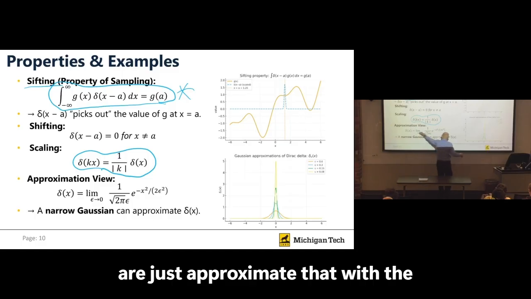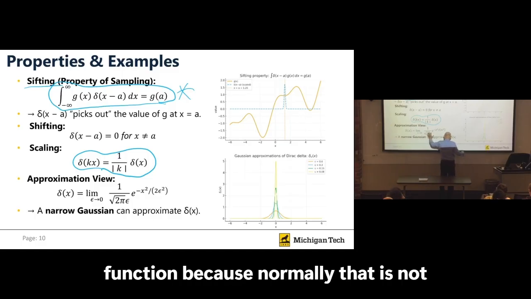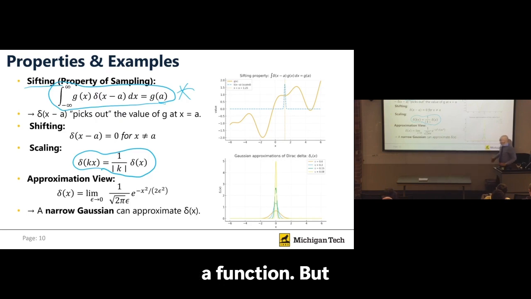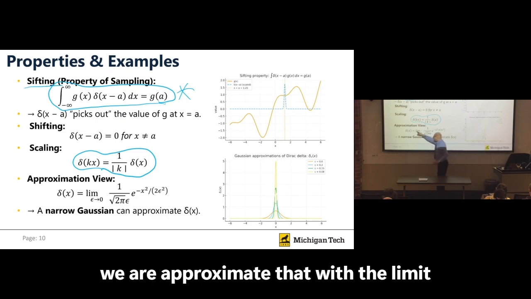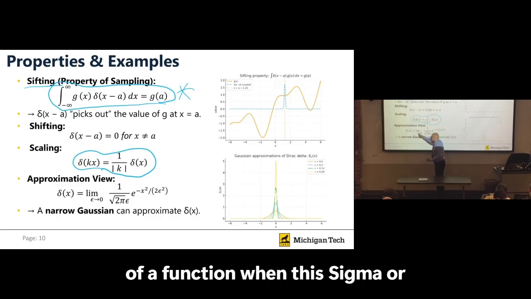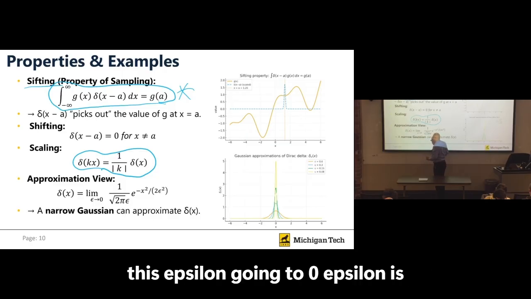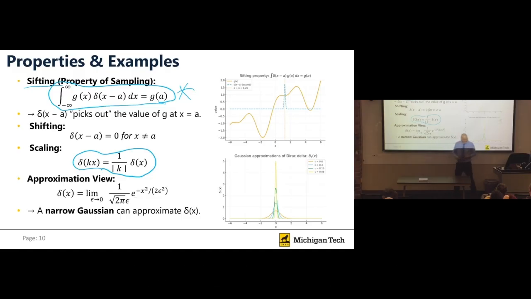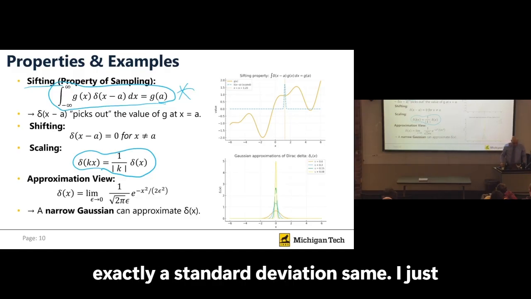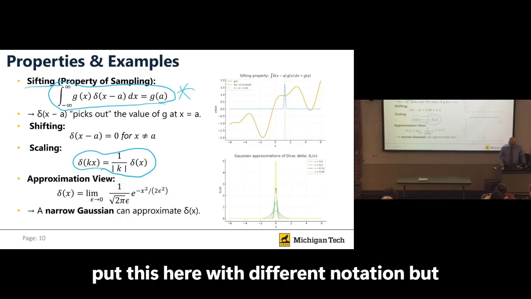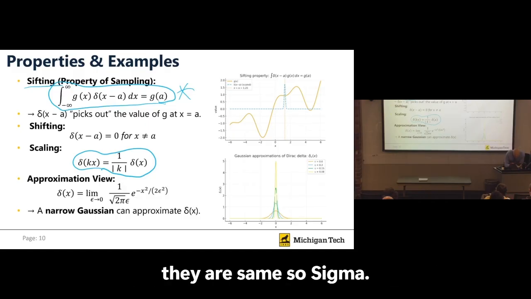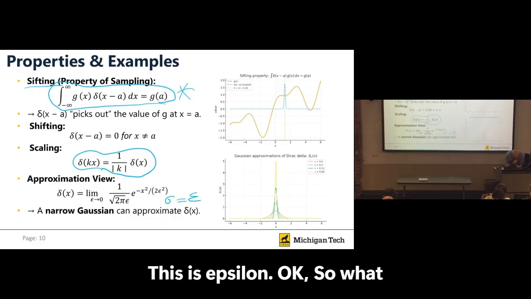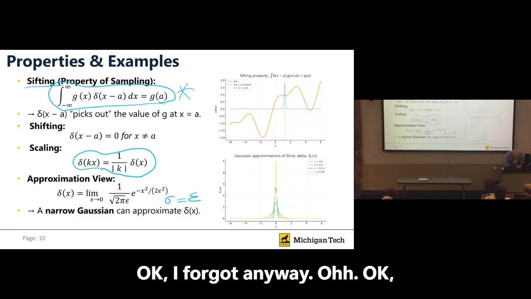We are just approximating that with a function, because normally that is not a function, but we approximate it with the limit of a function when this sigma or this epsilon goes to 0. Epsilon is exactly a standard deviation. I just put this here with a different notation, but they are the same. So sigma, this is epsilon.